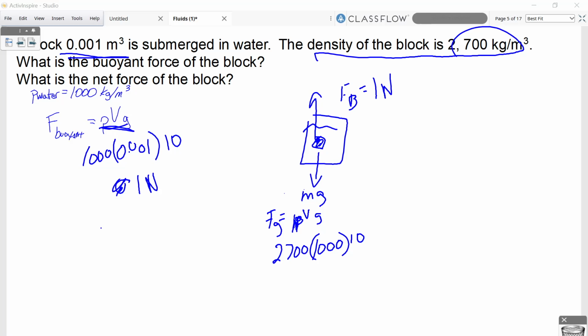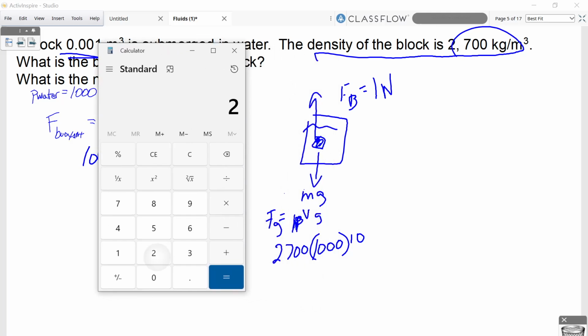Oh, we're going to go ahead and multiply that out. Let me erase everything. Okay. So we're going to get a really, really big number.